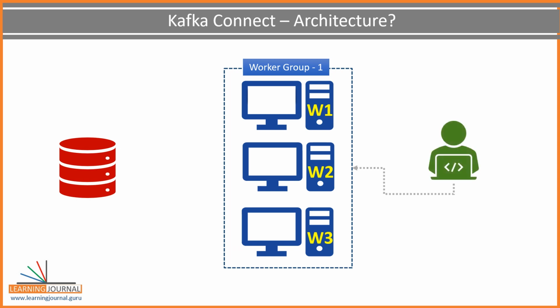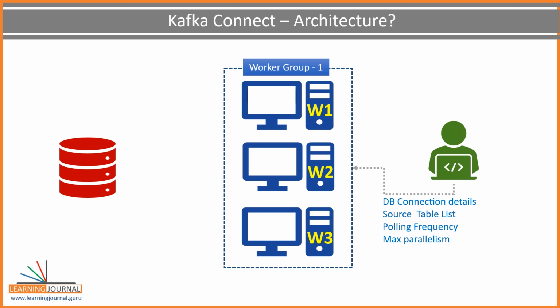The next thing is to configure the connector. The configuration means providing some necessary information. For example, database connection details, a list of tables to copy, frequency to poll the source for the new data, the maximum number of tasks, and many other things depending upon your connector and the requirement.